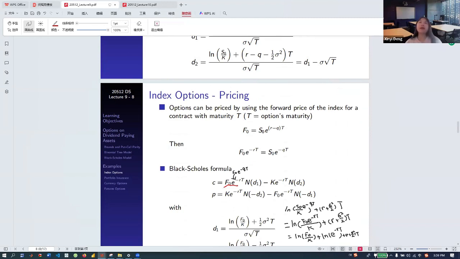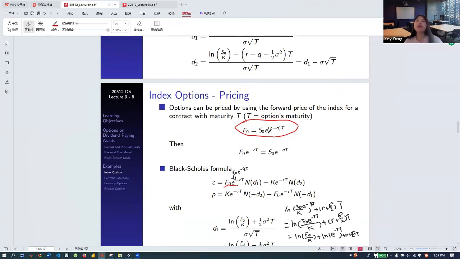The answer is that we can utilize the relationship between the forward price and the index price. From the previous lectures, we know that every forward price or futures price can be expressed in terms of the underlying spot price.